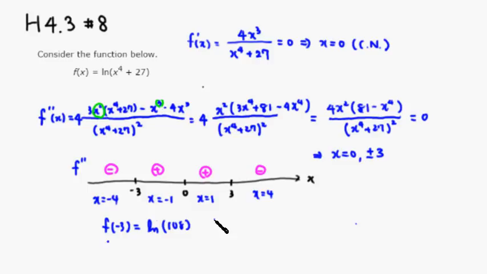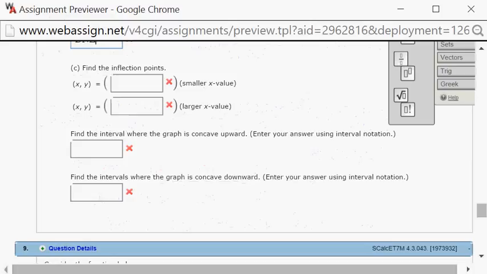And also f of 0, we did that, natural log of 27. And f of 3 is really the same thing as f of negative 3, so natural log of 108. Right, so we have a critical and inflection point, so let's type it in.